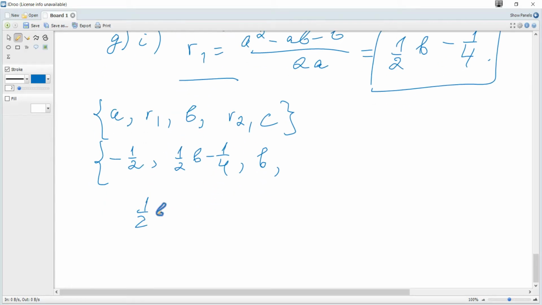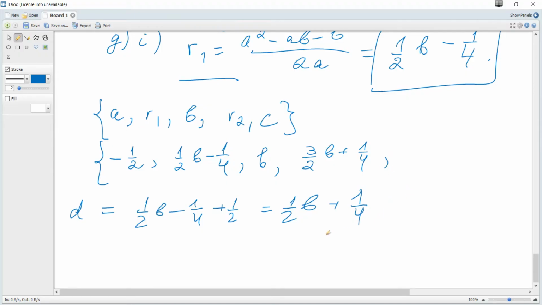It's just a half B minus 1 over 4 minus negative a half, so plus a half, it becomes 1 over 2b plus 1 over 4, and hence R2 becomes B plus common difference, so it becomes 3 over 2b plus 1 over 4.